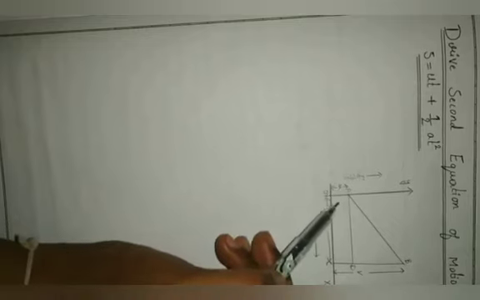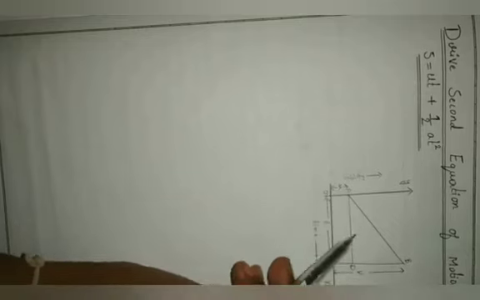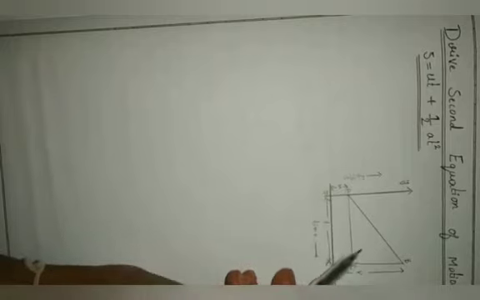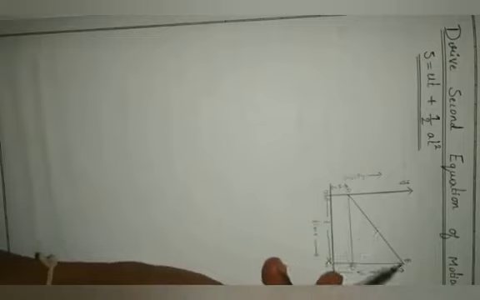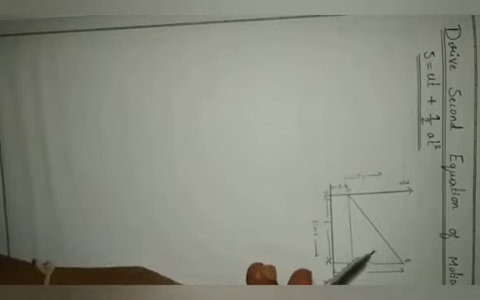If we add the area of triangle and area of rectangle, we'll get the area under the graph AB. That will be the total distance traveled by the object in time interval t.